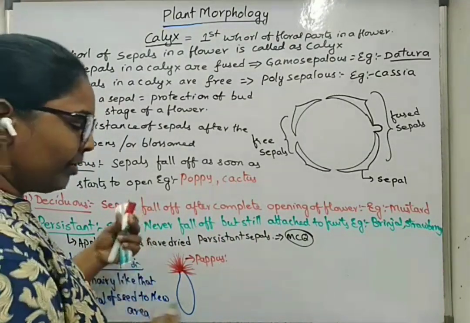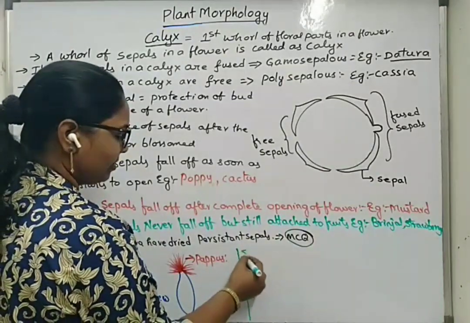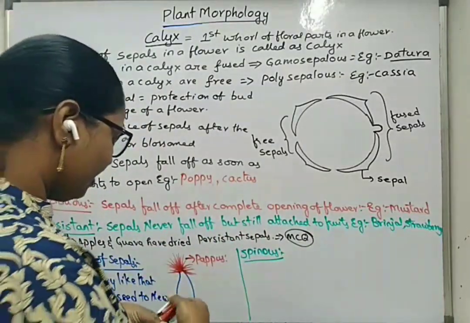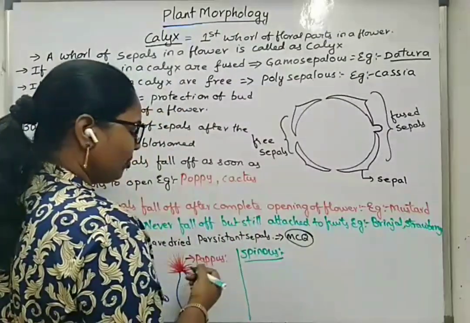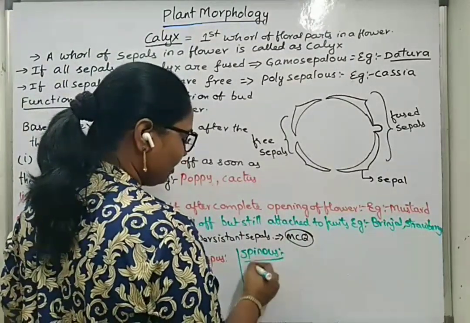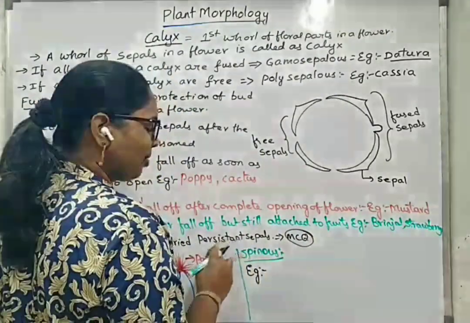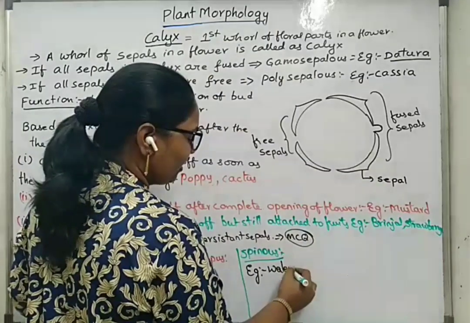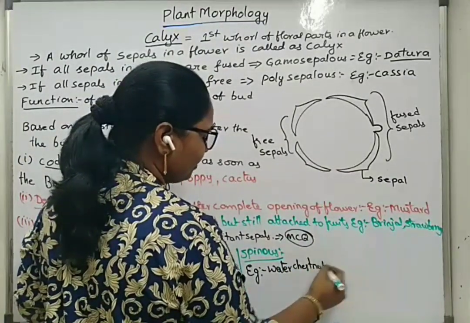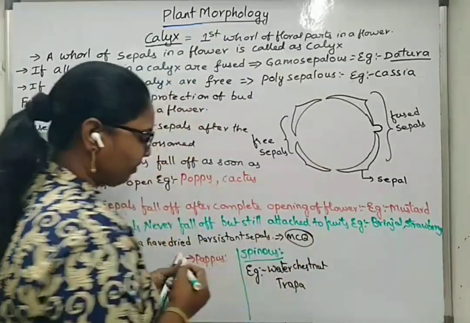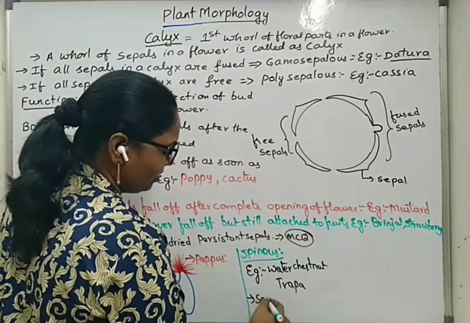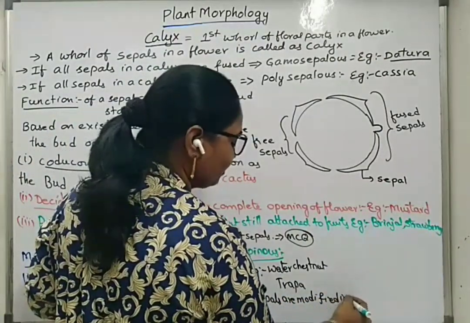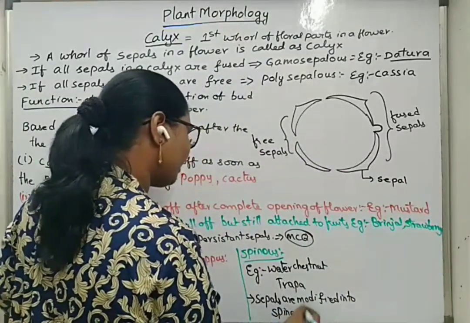Other one, spinous type of sepals. Only two examples we'll write. Others are not that necessary because we did not see more types of sepal modifications in NCERT. Spinous type means the sepal is modified into spine-like structure. We can see such type of modification in water chestnut, trapa. So sepals are modified into spines or spine-like structures.